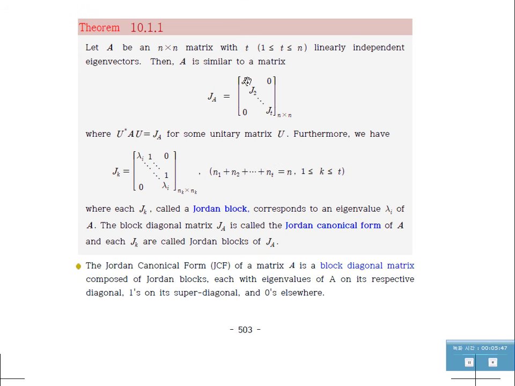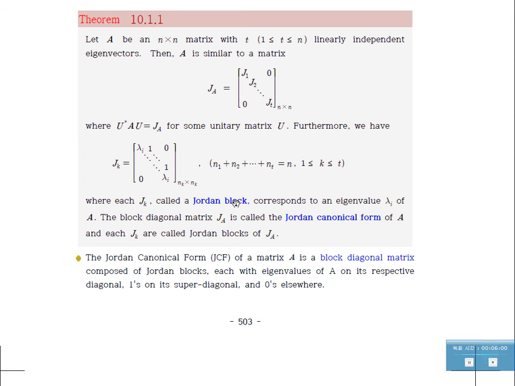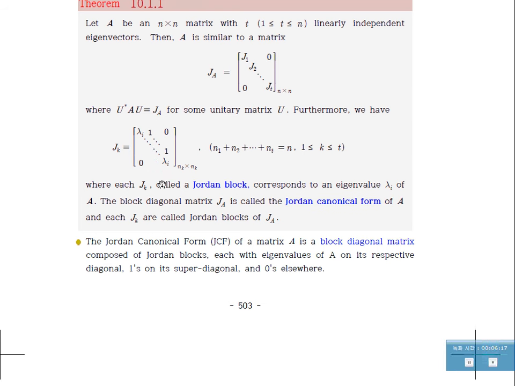The important thing is the size of all these submatrices. The sum of the sizes of these submatrices is the size of the original matrix A, which is n. We call this a Jordan block. Jk is called the Jordan block corresponding to an eigenvalue lambda i of A. The block diagonal matrix JA is called the Jordan canonical form of A, and this is one of the Jordan blocks in that canonical form.